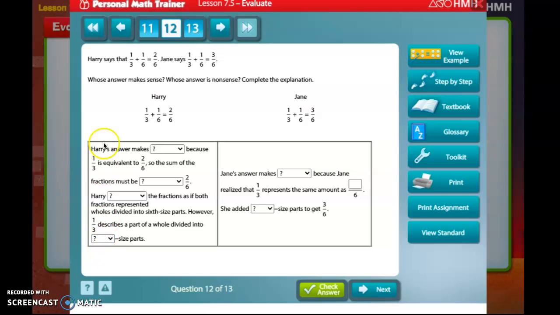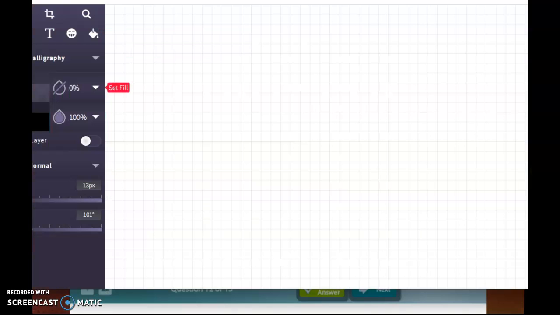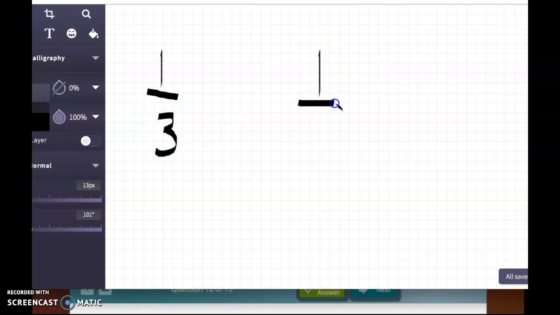And what I'm going to do now is go to my sheet of paper to help me look through this. So I have 1/3 and I have 1/6. I'm going to write that here. Now, I can't add or subtract these fractions because they have different denominators.